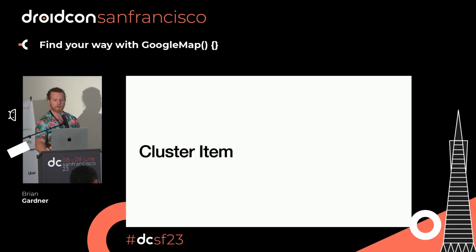What we can do instead is use the Map Compose utils library, same version as the Maps Compose library. And just a couple things you got to do first. First off, you need to create a cluster item object. This effectively represents sort of like a marker in the cluster world. So an individual item, when it's fully broken out, is a cluster item. When it's all grouped together, then it becomes a cluster.